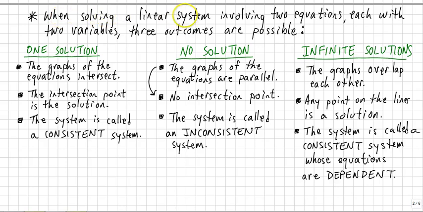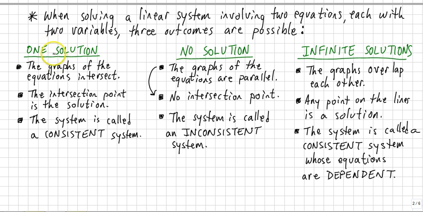Before we look at an example, let's make sure we understand everything that could happen here. When you're solving a linear system involving two equations, each with two variables, three outcomes are possible. Most of the time, the more interesting one for us is that the system has one specific solution, one ordered pair that solves both of them.